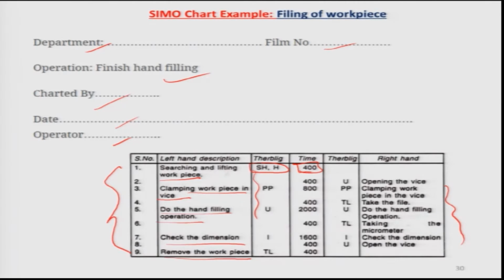So here you are using Therbligs and recording the time, using your film analysis. This is called a SIMO chart. Here both Therblig and time are available for analysis.